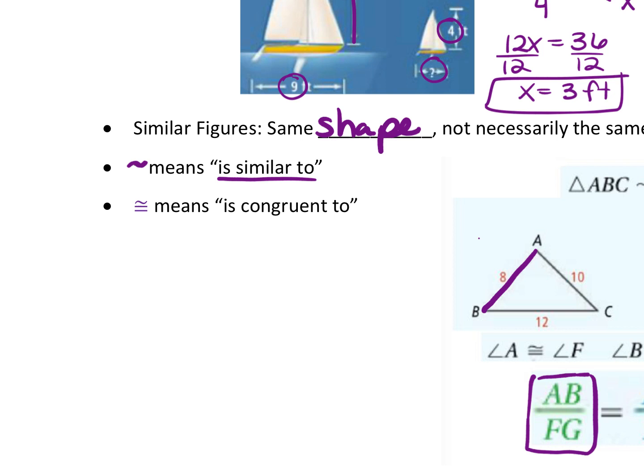You never heard of that before? Not Matilda, the tilde. This one is congruent to. So basically we're saying equal to when we use the congruence symbol. The similarity symbol means proportional, okay? So we're talking proportional for this one.